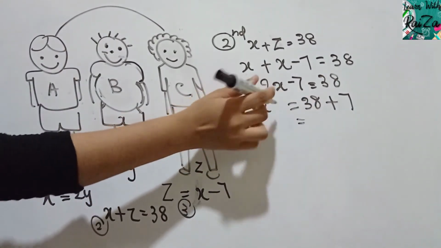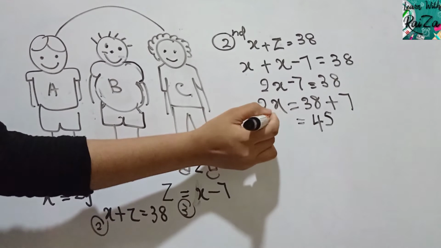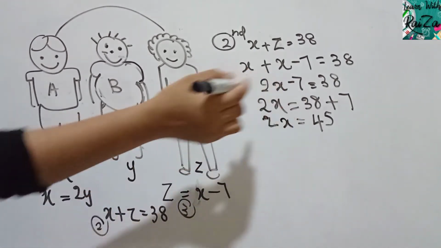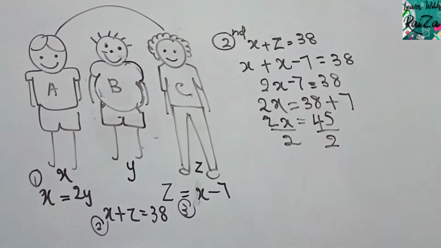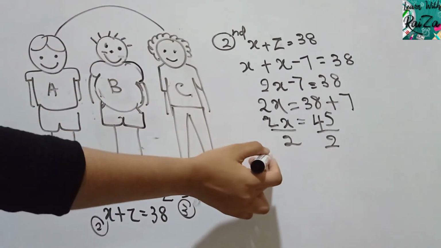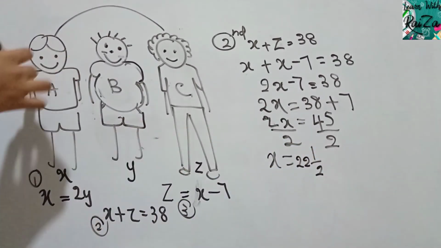So 2x is equal to 45. Then I can find the value of x by dividing both sides by 2, and that will be the age of A person. So x is equal to 22.5. That is the age of the A person.